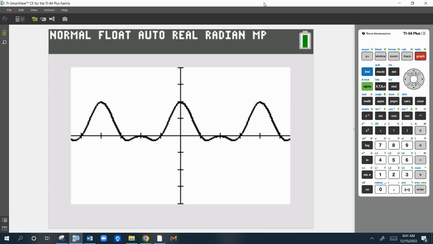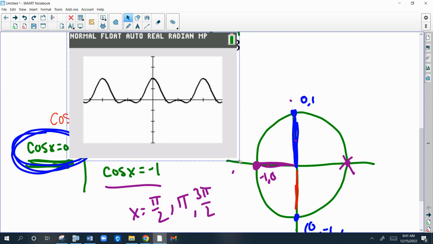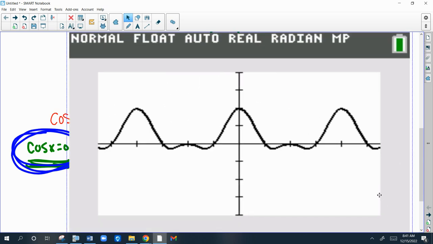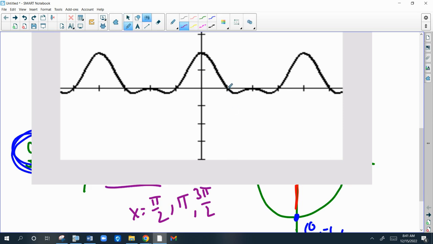Now, this is slightly different because this is not going inside any of the quadrants. Do you see how it goes exactly along the line between the first and second quadrant? That indicates that a solution is right there. And then it hits right here between the second and third quadrant.